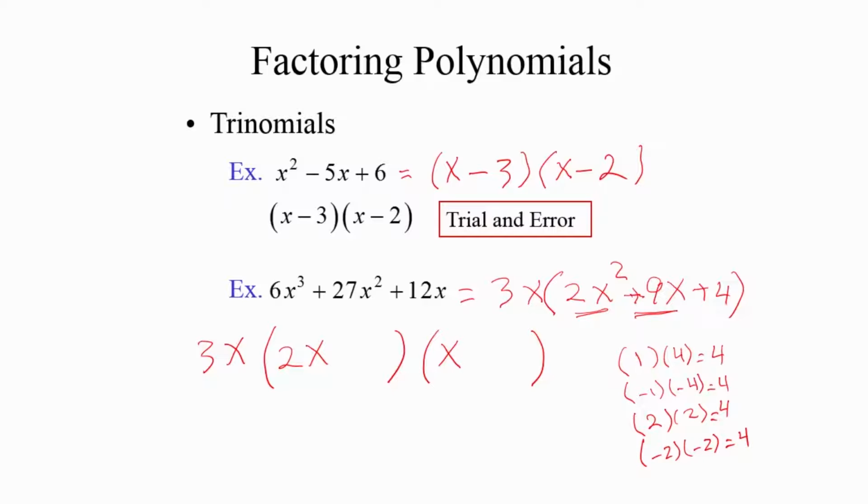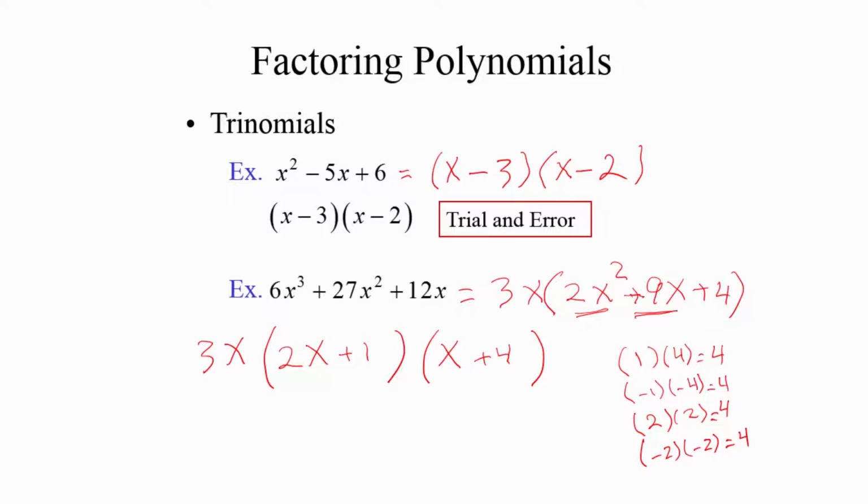So if I put a plus 1 here with the first one and a plus 4 here, what do I get for the middle term? I get 2x times 4 is 8x, and 1 times x is 1x.